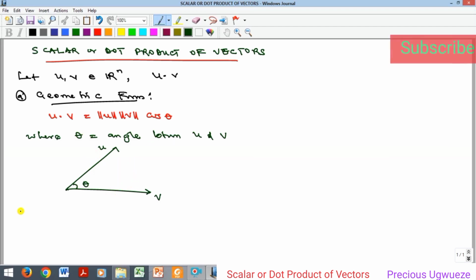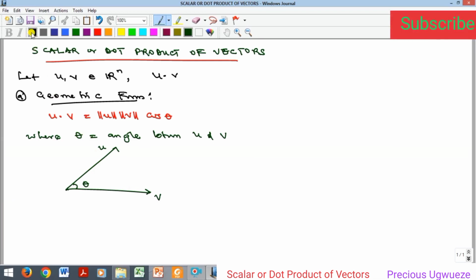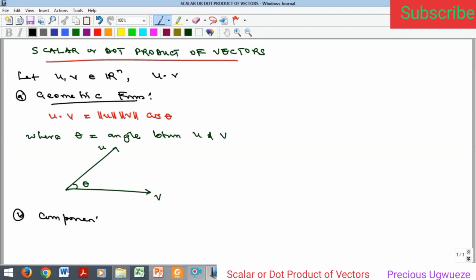All right, so that's the first definition. The second form of definition for the dot product is the one we define component-wise. When we have our vectors in component form, since u and v are from Rn, the implication is that u is equal to u1, u2 up to un, and at the same time v is equal to v1, v2 up to vn.